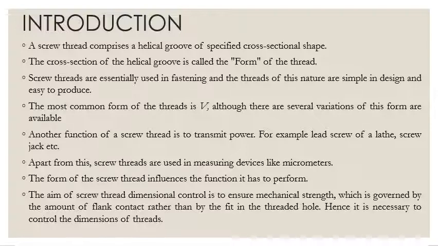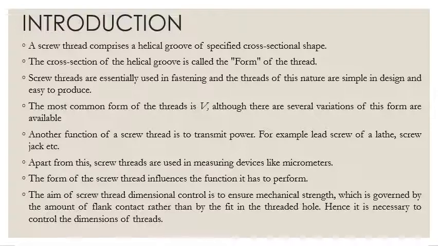So from the crest to the trough, when there is a varying cross section, the material goes on varying, and because of that the mechanical strength, stability or load bearing capacity goes on varying.